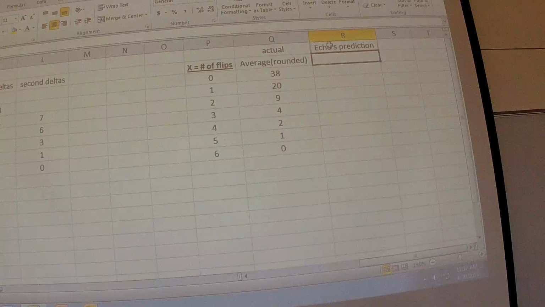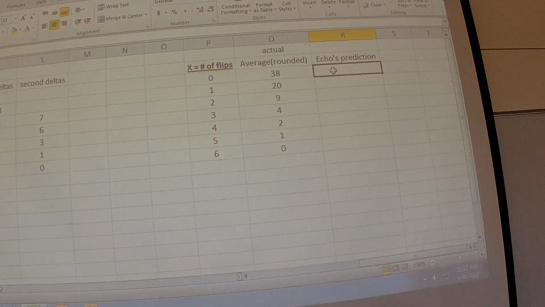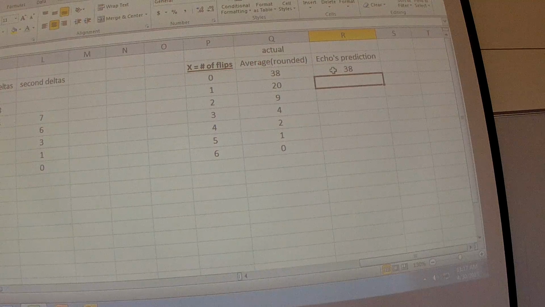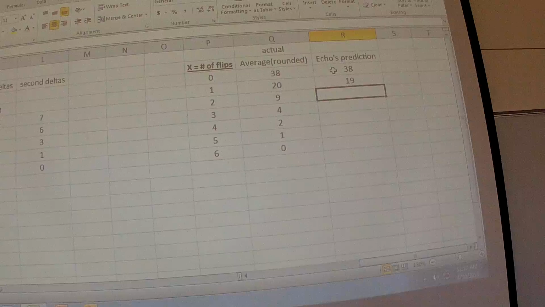So we're going to start at 38, for sure. According to the prediction, realistically, exactly how many should we have after one flip? It should be half, correct? It should be half. So this should be equals 38 times 1/2, which would be 19.